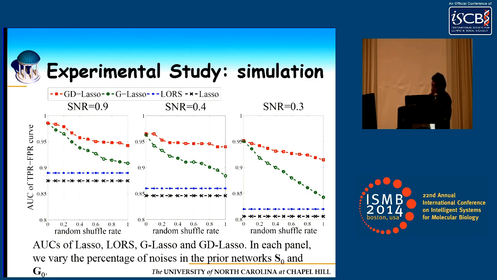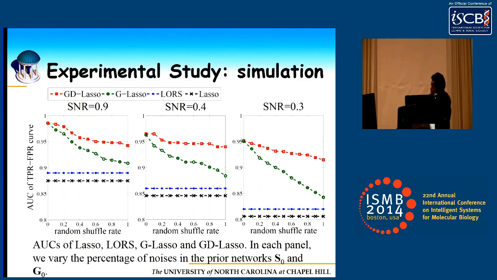The second kind of noise is in the prior networks. We manually input some noise in the prior knowledge networks S0 and G0. The x-axis for all plots stands for the ratio of noise existing in the prior networks.